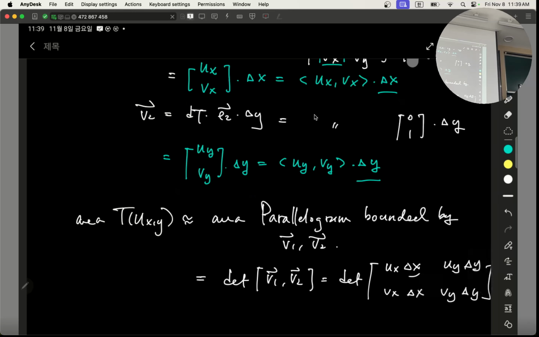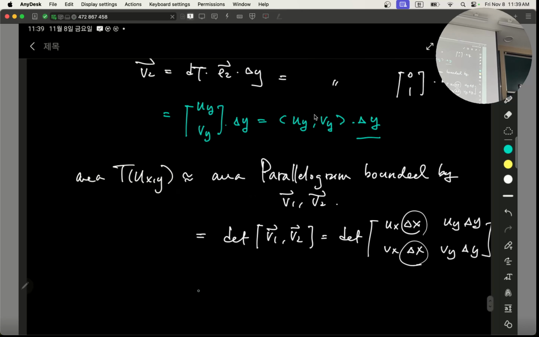So you have the same factor multiplied on one column, so you can take it out, delta x here, and you also have the same factor multiplied on the second column, delta y, which you can take out when you compute the determinant, and you get the determinant of ux, uy, vx, vy.